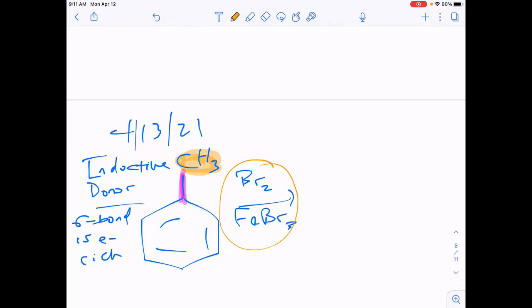It's going to add a bromine to the ring. Wouldn't it add a bromine to the para position? Yes, it would, because you have a donor on the ring, but it also will add to the ortho position. So this is ortho, this is para. So those would be your two products.